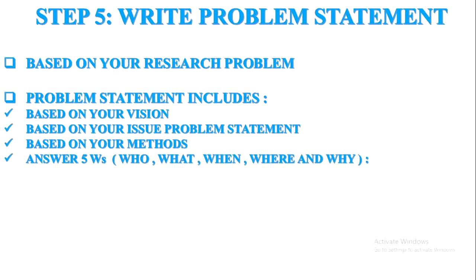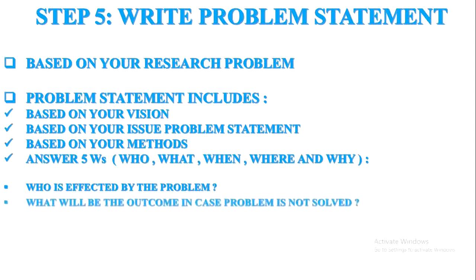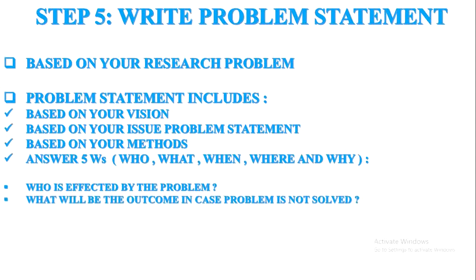So learners, now I will give you examples of the 5 W's. These all 5 W's should be related to your research problem. I will give you clear examples which will make the 5 W's related to the research problem clearer. First, who is affected by the problem. Second, what will be the outcome in case the problem is not solved.